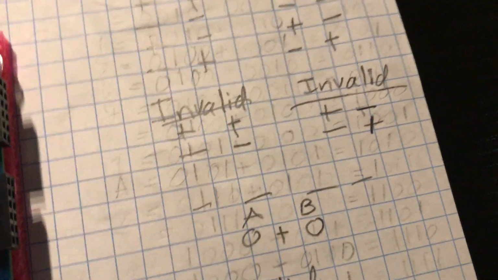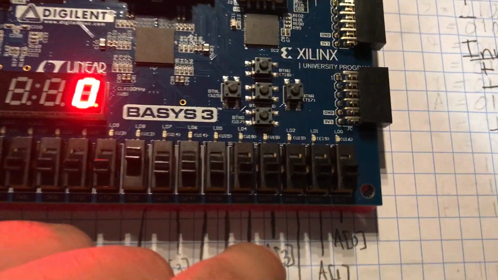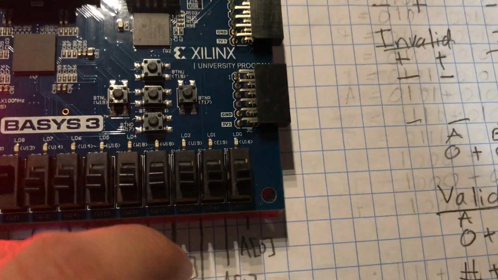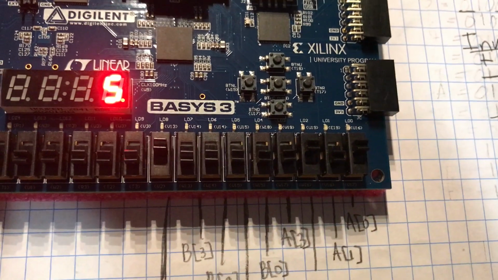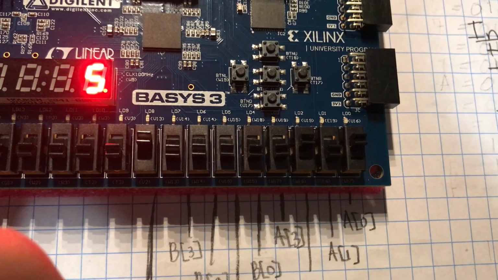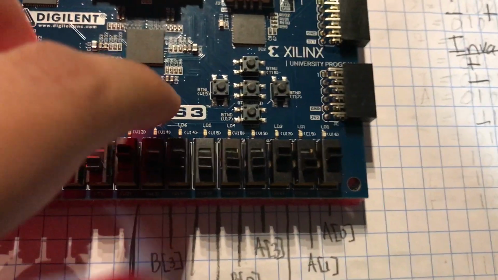Okay, now let's try some invalid test cases. So let's say we have a positive and then negative. So this will occur, for instance, if we have, let's say, a positive 5, and then we're subtracting that by negative 3.